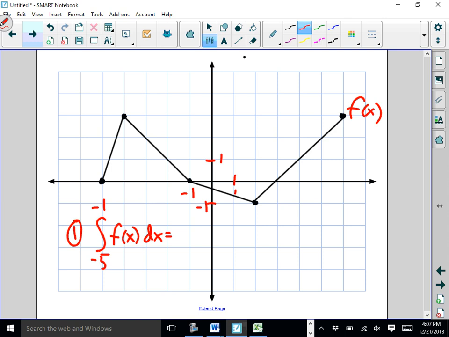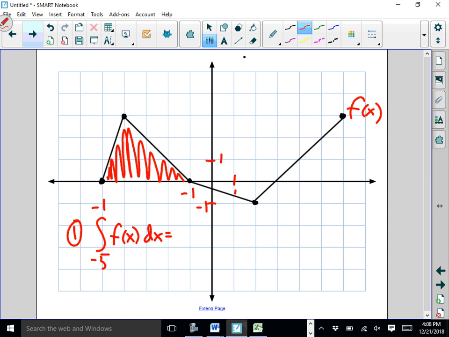Well, we know it's an integral because of the big S. We know it's a definite integral because it's got numbers on the bottom and on the top. That is just the area between the curve and the x-axis. I'm starting at -5 and finishing at -1. Well, it's simply that region right there. The answer to this question will be the area of that region.